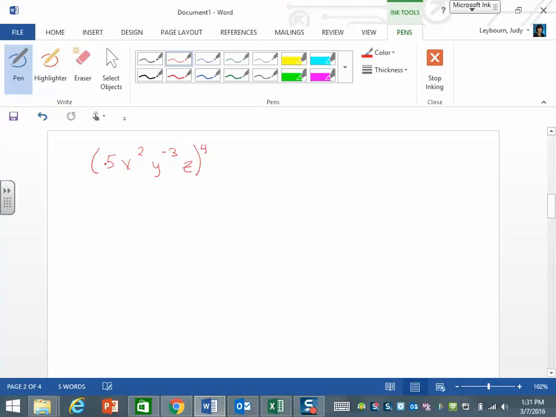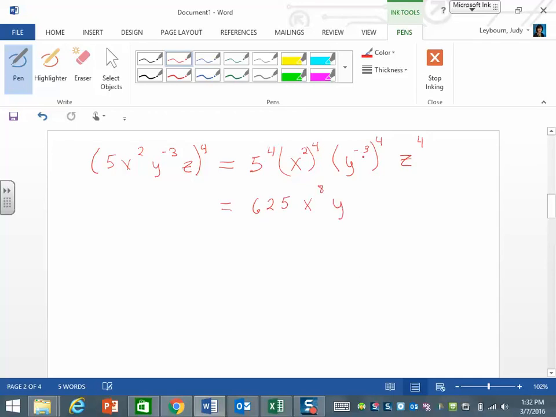So I can write this quantity separately as factors, and I can say that it's equal to 5 to the 4th, x squared raised to the 4th, y to the -3rd raised to the 4th, and z to the 4th. And then I could simplify each part. So 5 to the 4th would give me 625. X squared raised to the 4th is x to the 8th.